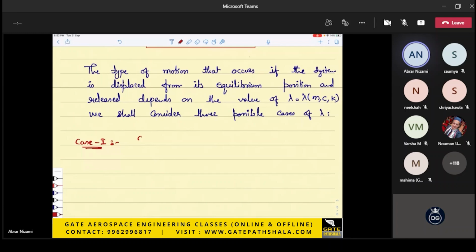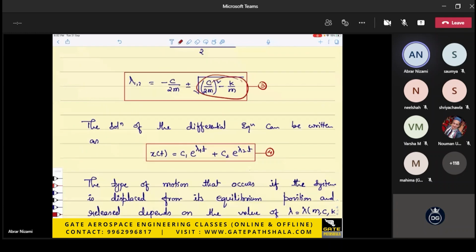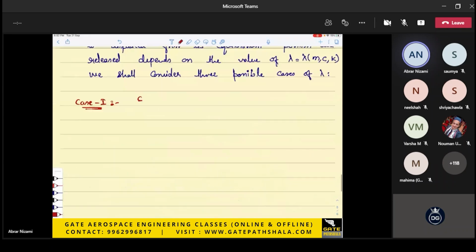Now everything is dependent on these things. What is going to happen to the term inside the root? If the value of c by 2m is greater than under root of k by m, it implies c by 2m whole square is greater than k by m.